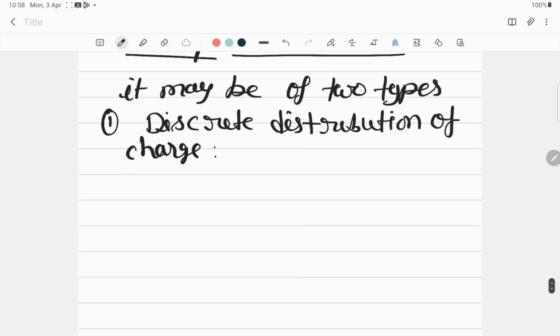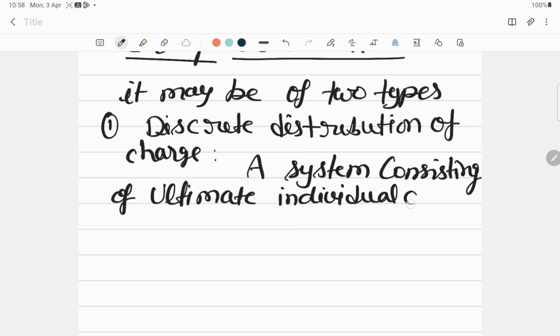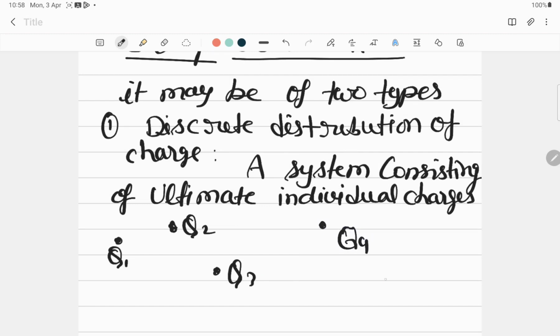So discrete distribution of charge is a system consisting of individual charges, like Q1 is here, Q2 is here, Q3 is here, Q4 is here, and Q5 is here.